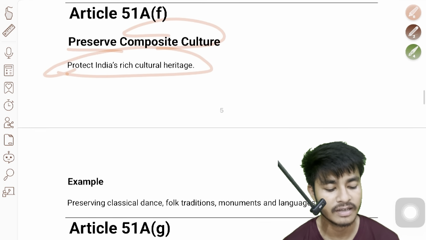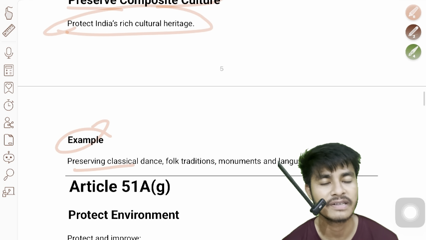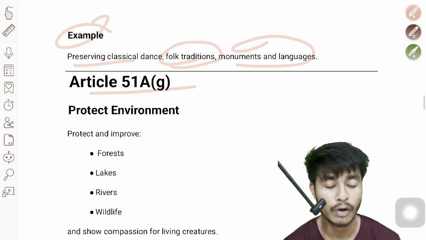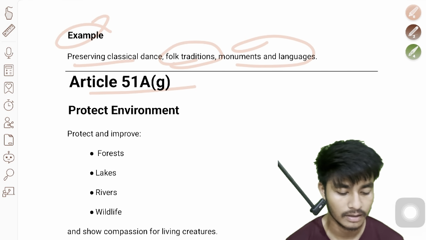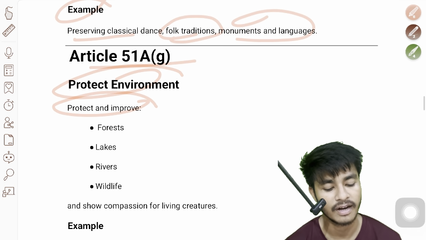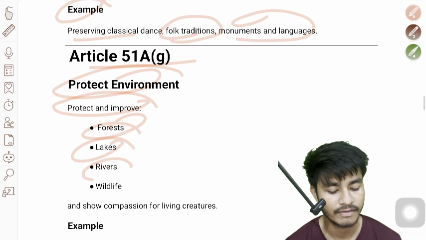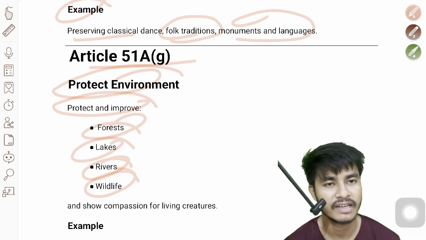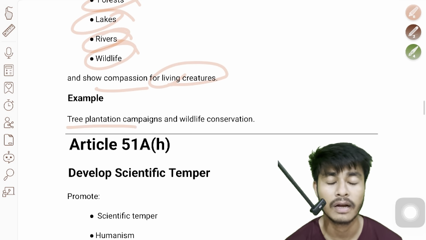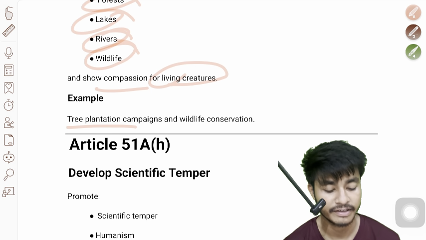Example: preserving classical dance, folk traditions, monuments, and languages. Article 51A, subclause G talks about protecting the environment. Protect and improve, for example, forests, lakes, rivers, wildlife, and show compassion for living creatures. Example: tree plantation campaigns, wildlife conservation.